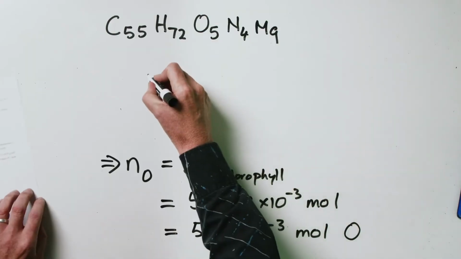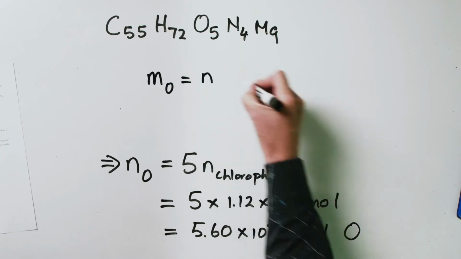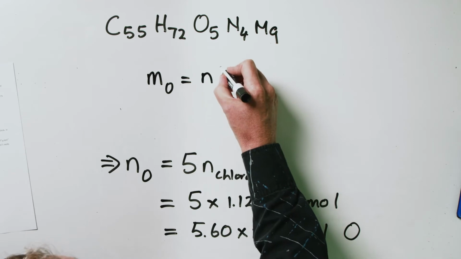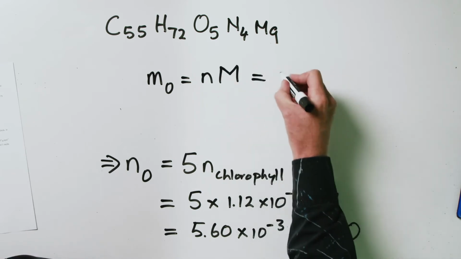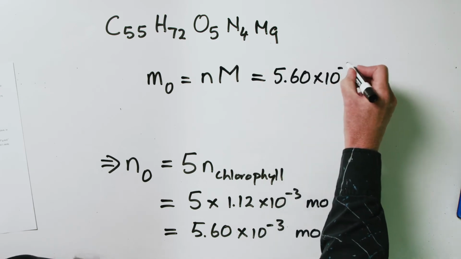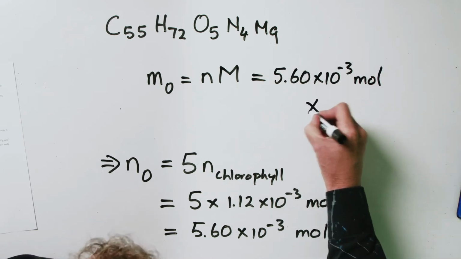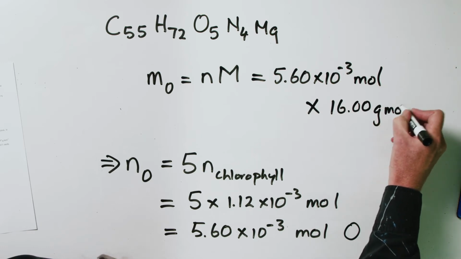We say, okay, the mass of oxygen is going to be equal to the number of moles of oxygen, this number here, multiplied by the molar mass of oxygen. That's 5.60 times 10 to the minus 3 mole of oxygen, multiplied by 16.00 grams per mole.